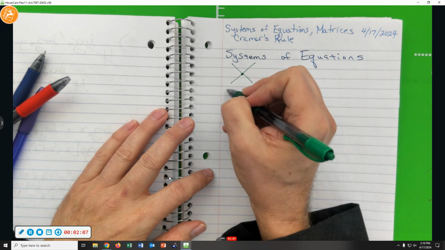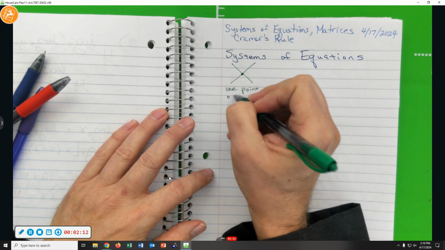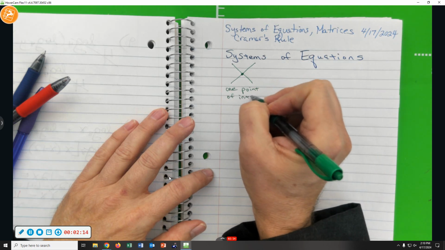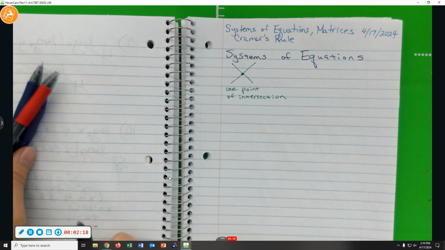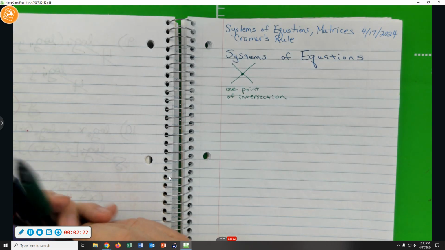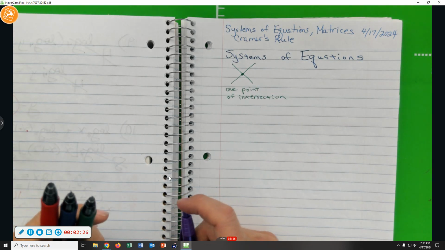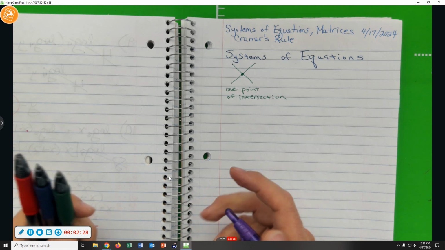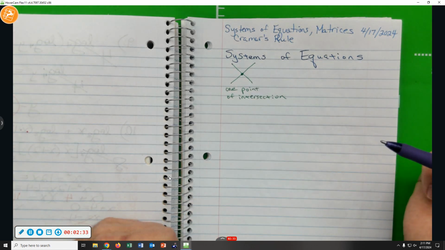There's one point of intersection. Here's a thought question. Could you have two lines intersecting in exactly 3 points? Could you draw two lines and they intersect in exactly 3 points? Well, no, that couldn't happen. So you can have one unique point of intersection.